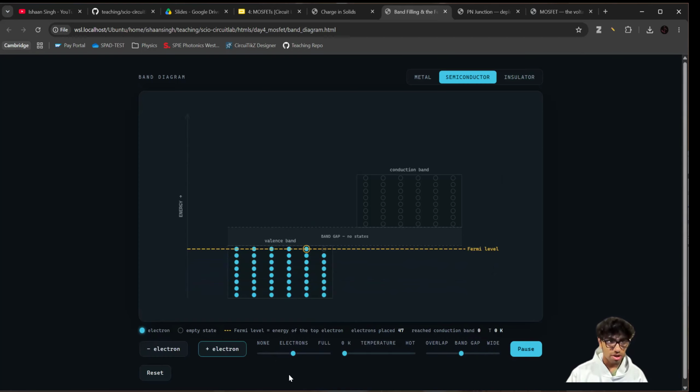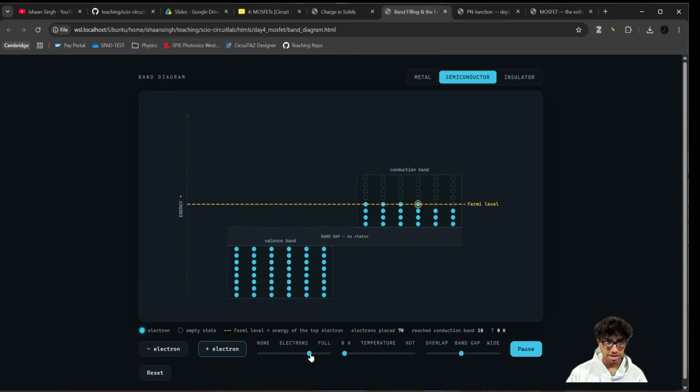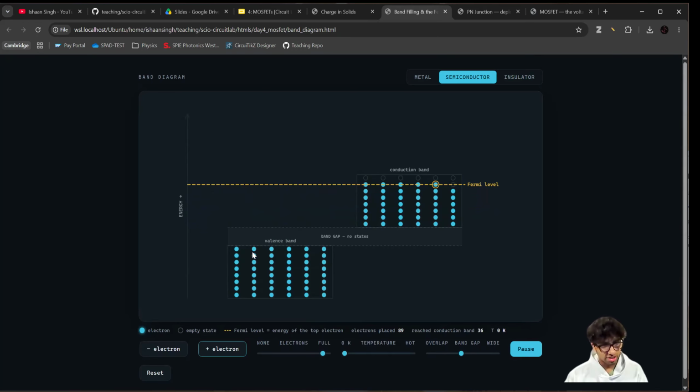So at this point, all the electrons I've added are still within the valence band, right? But if I add in some more electrons, we start to fill in the conduction band. And so the electrons in the conduction band are the ones that are free to move around. The electrons in the valence band are the ones that are kind of stuck in place, okay?